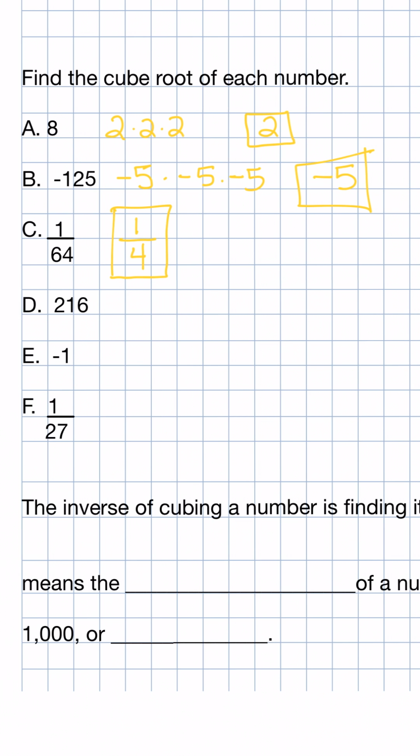So for 216, the cube root is going to be 6. For negative 1, it's going to be negative 1. And for 1/27, it's going to be 1/3.